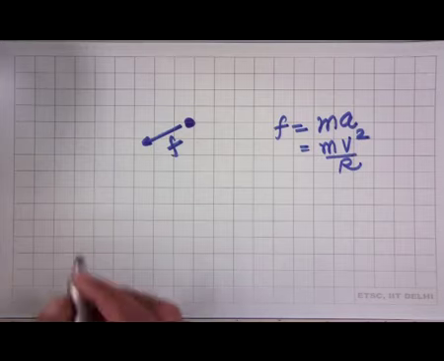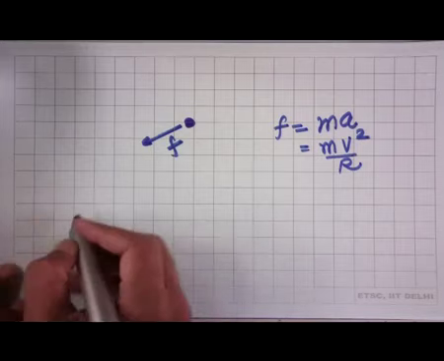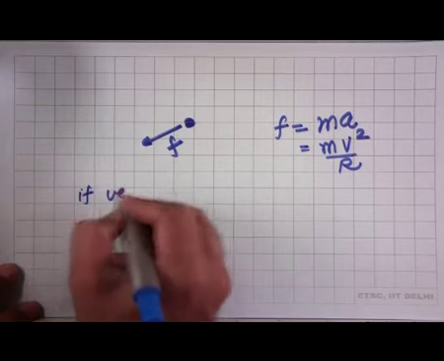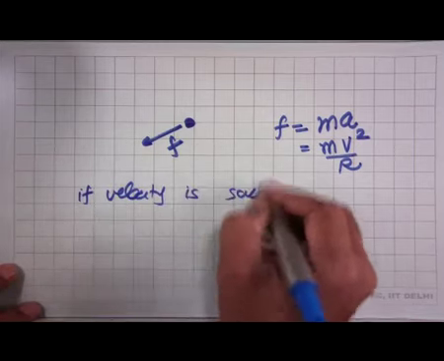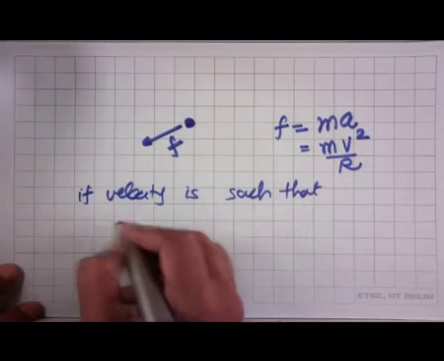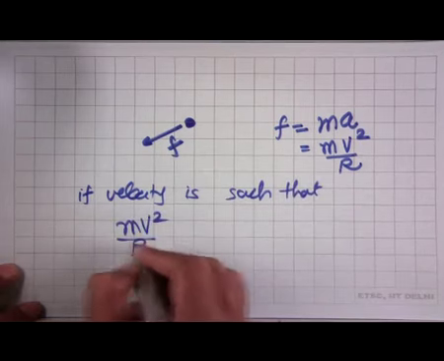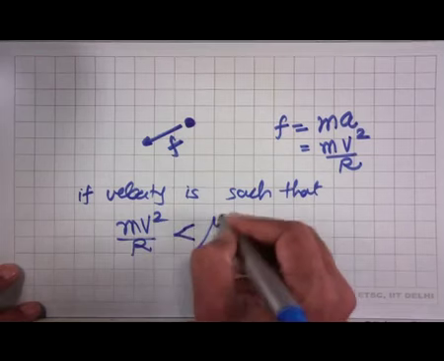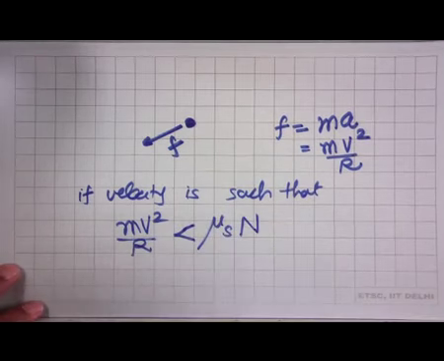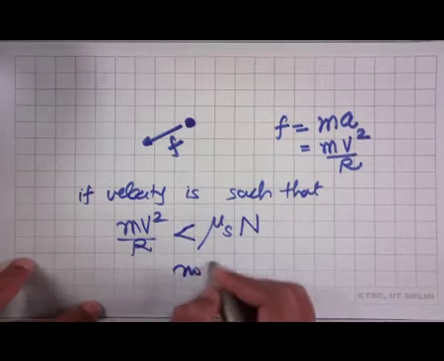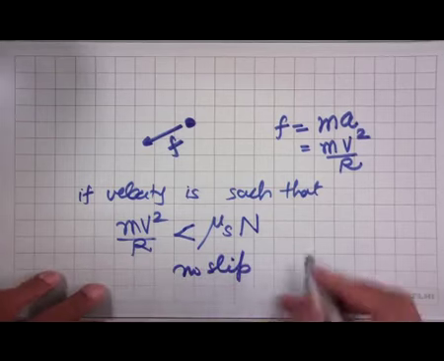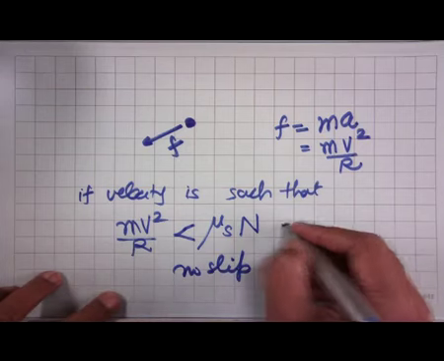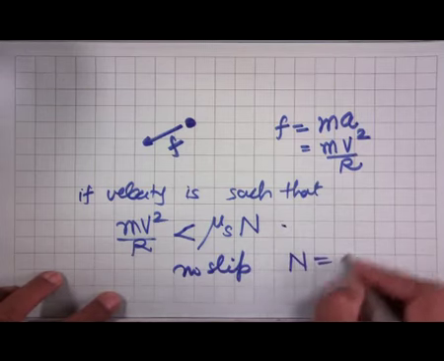Now, what we can see is if the velocity is such that mv square upon r is less than mu s N, then we have a case of no slip, because friction is less than mu s N, and in this case we also realize that N is equal to mg.